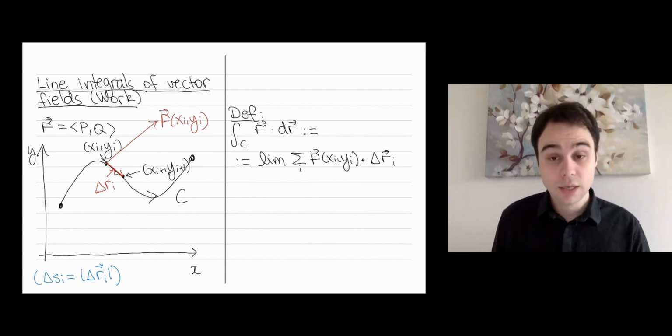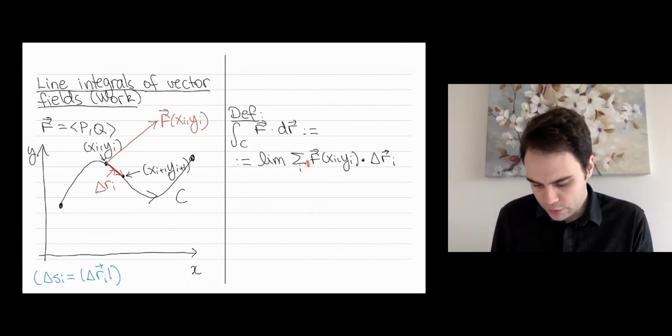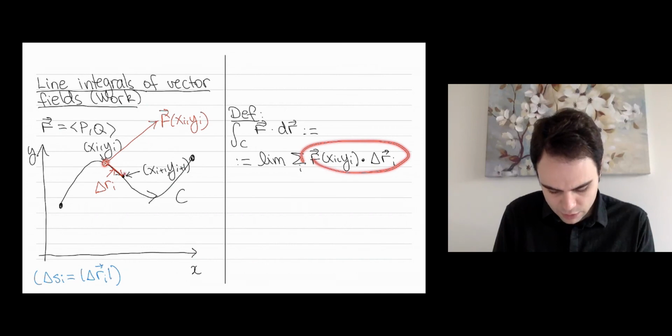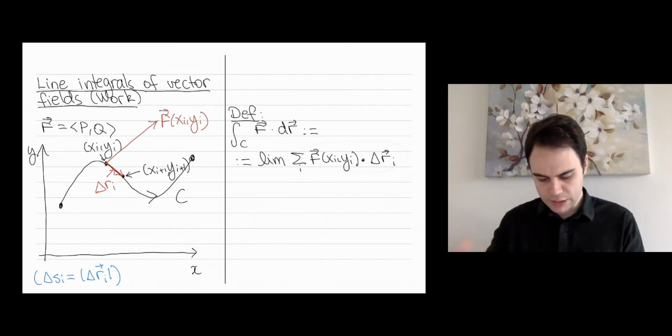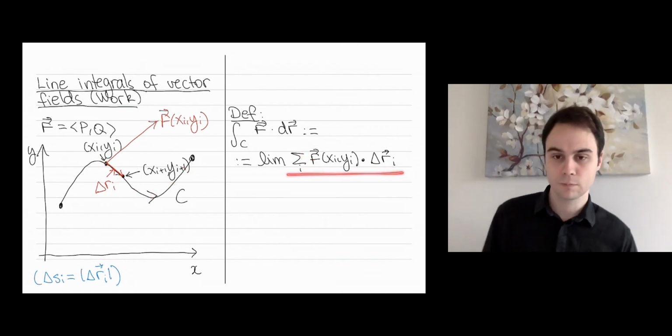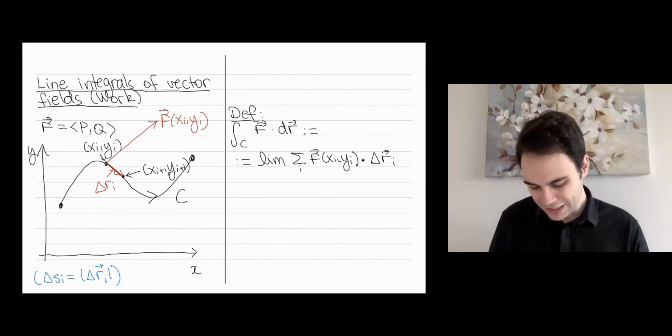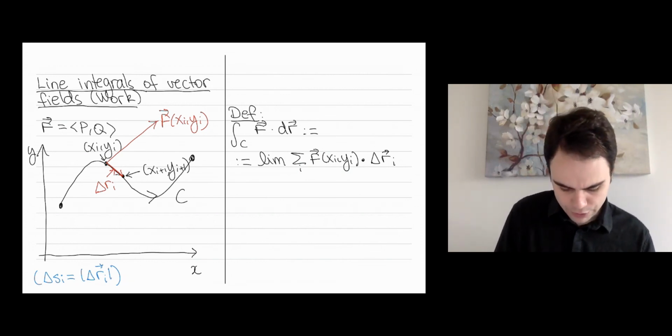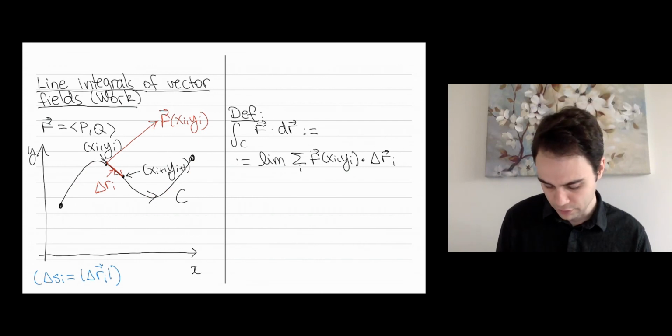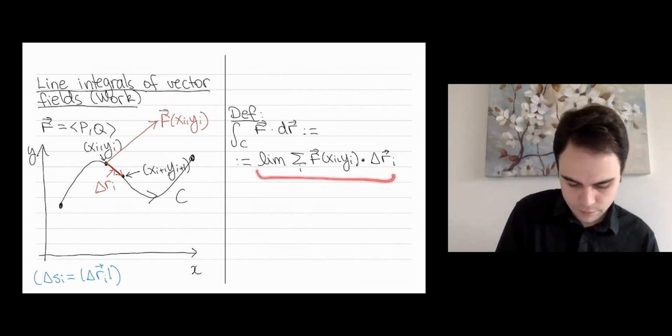The dot product of two vectors is a number, so I get a number for each point in my subdivision. I keep doing that for all of the points in the subdivision and add that up. In the end, this limit, for ordinary curves and ordinary vector fields, is going to give me a finite number.